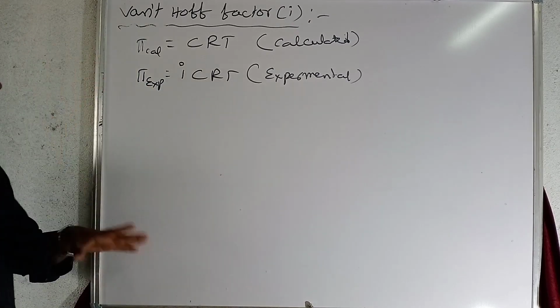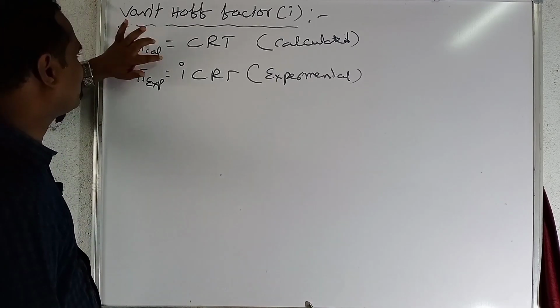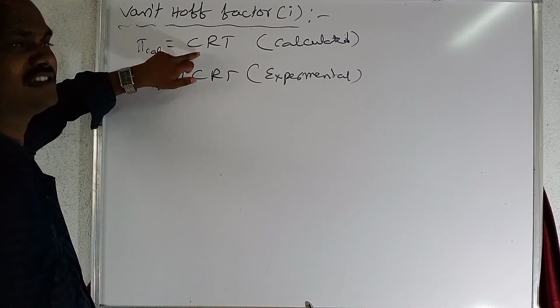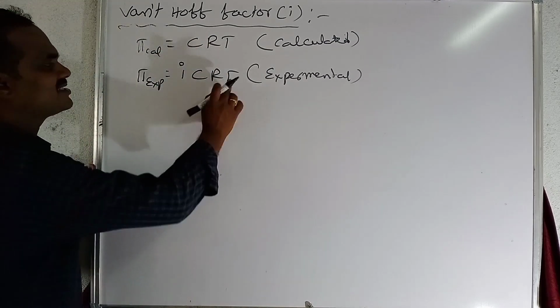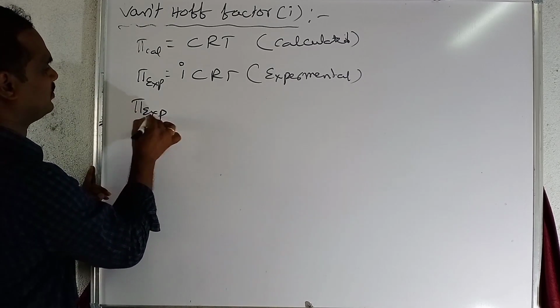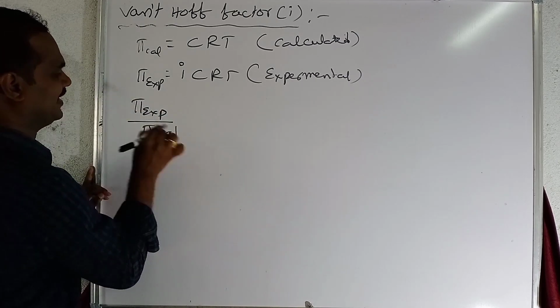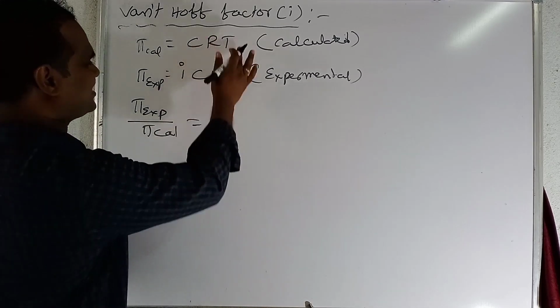Pi is nothing but one colligative property I have taken: osmotic pressure. Calculated is CRT, where C is concentration in molarity. Now pi experimental is iCRT. If you take the ratio, pi experimental by pi calculated is equal to iCRT by CRT.